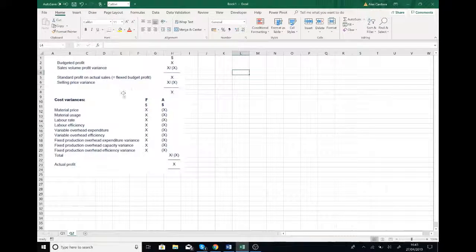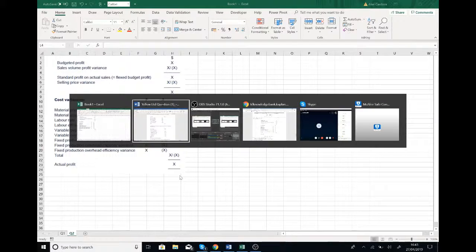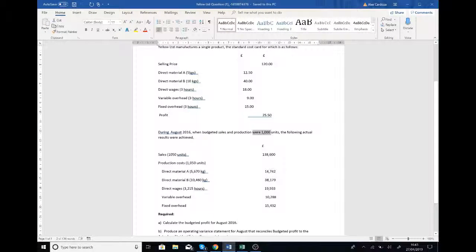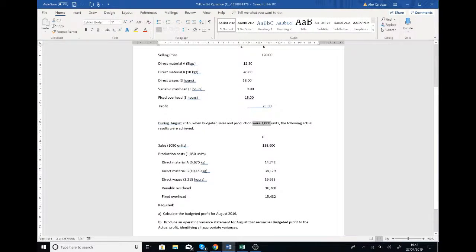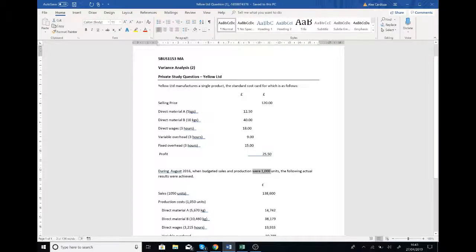So question 2. Now, what it wants you to do is create an operating variance statement, recognizing all the appropriate variances. You'll have to do this on an absorption cost basis because that's what it's doing.